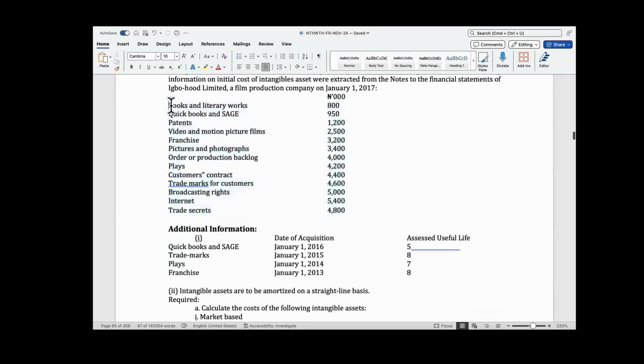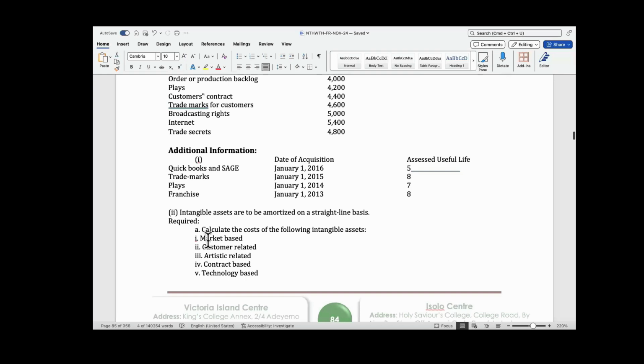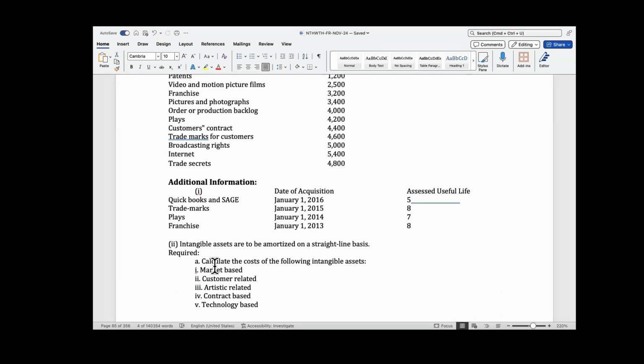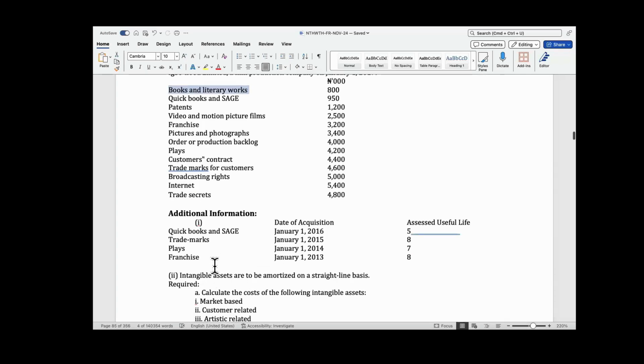The first one, which is book and literary works, 800. Where can we put it? Market, customer, artistic, contract, or technology? Where should it be? Where do you think it should be? Customer related. Books and literary works.